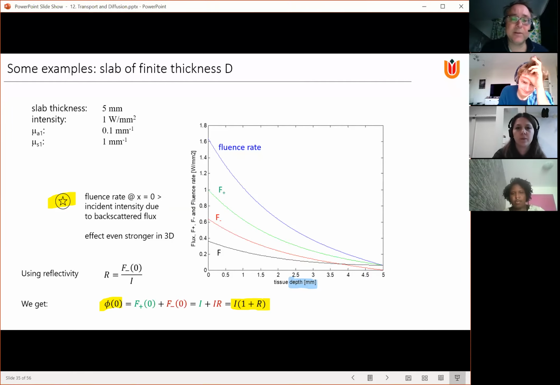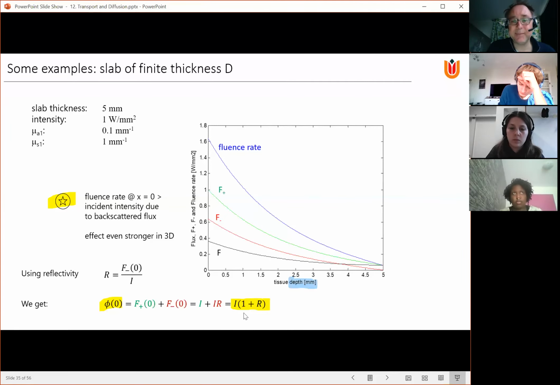So if you now write the equation for the fluence rate at the boundary, that is the sum of both fluxes, the flux in the positive direction plus the flux in the negative direction. Well, the flux in the positive direction, by definition, was the incident intensity at the boundary, and for the flux in the negative direction, we can write reflectivity times input intensity.